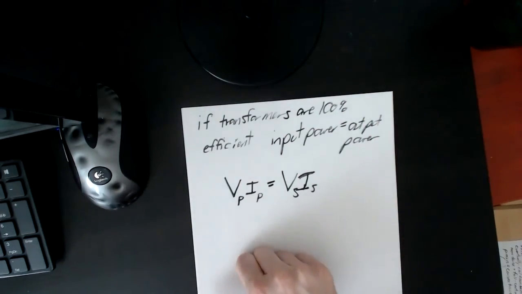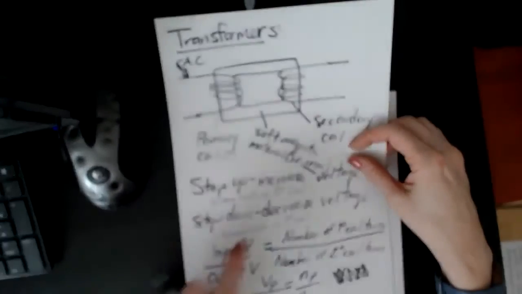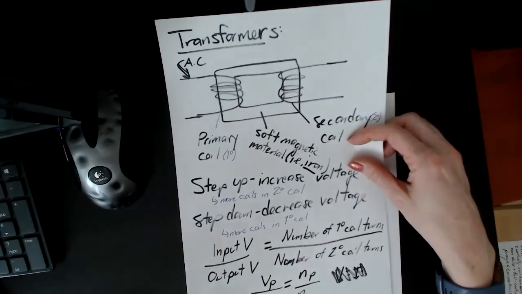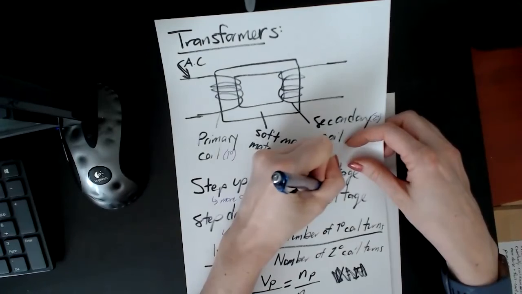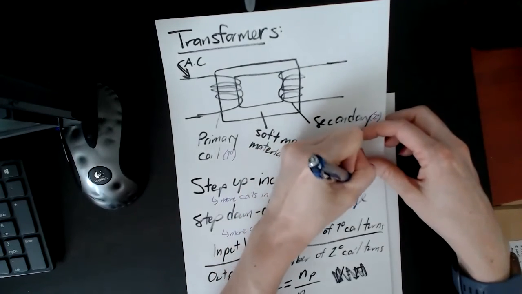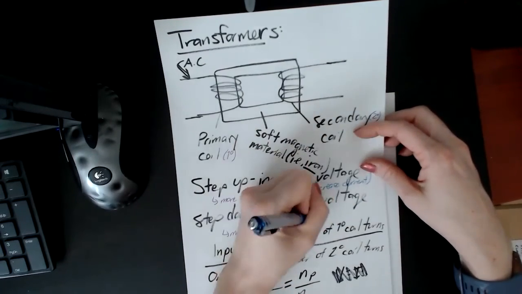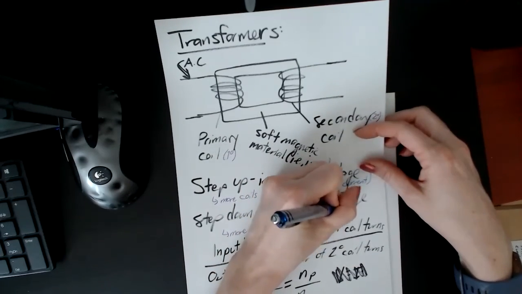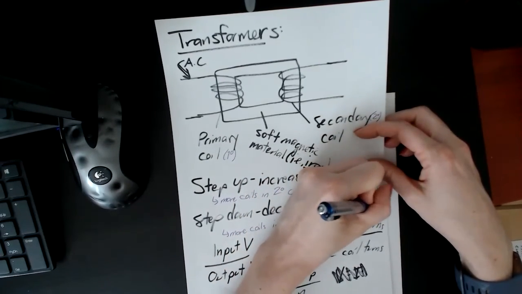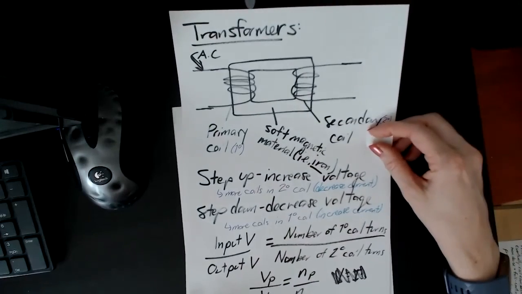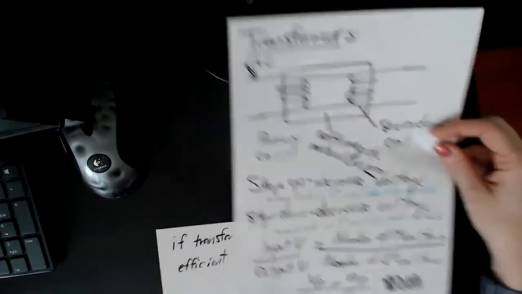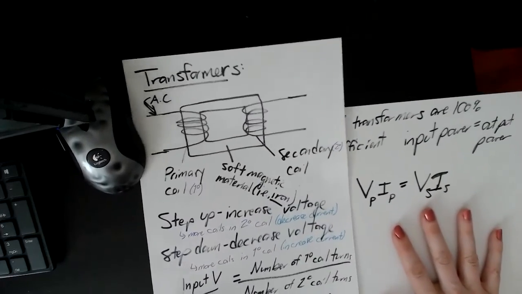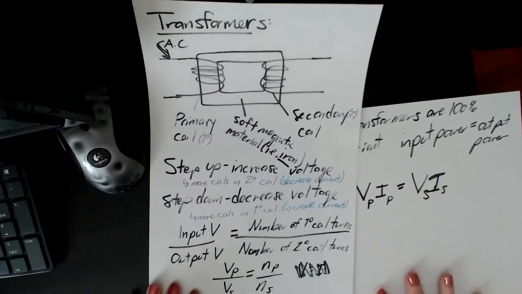Not only do step up transformers increase the voltage, but by proxy they decrease the current. And if step down transformers decrease the voltage, then you are going to increase the current. So that is transformers.